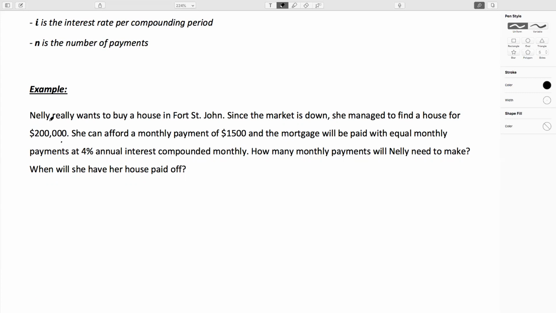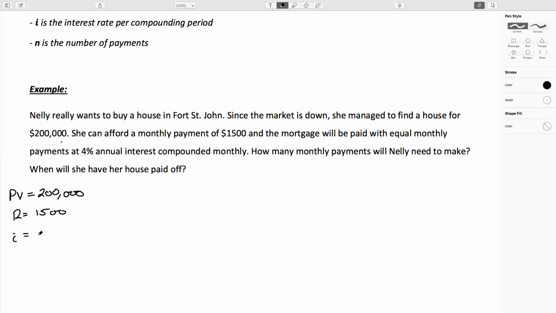So we know the present value is 200,000 because that's what her loan's worth. So PV is 200,000. She's making $1,500 payments. So R equals $1,500. She's paying monthly, 4% interest compounded monthly.